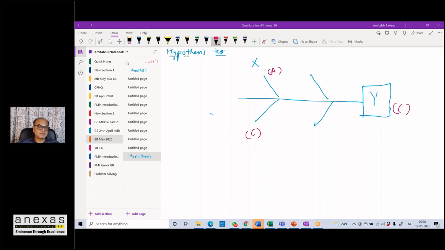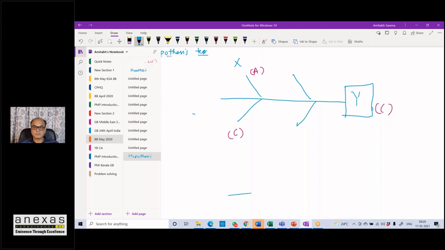And in the second case, the possibility can be the y is attribute and the x factor is again either attribute or continuous. Now, once I've got these four possibilities, there is no fifth possibility.